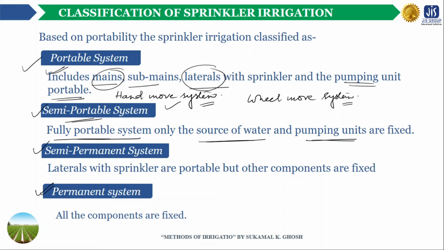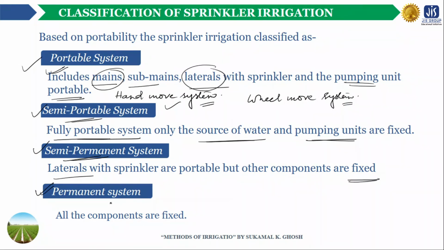Further, a semi-permanent system has portable lateral pipelines with sprinklers, but the main and submain pipelines are permanently laid and are usually buried. Further, the source of water as well as the pumping unit are also fixed.